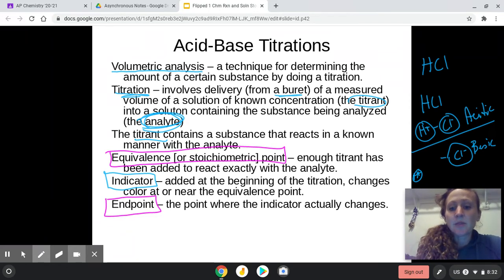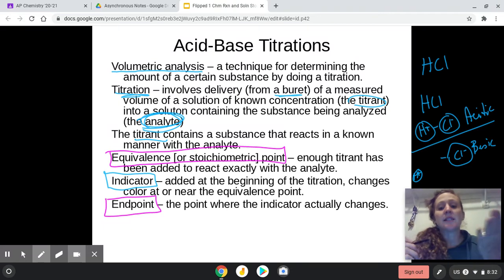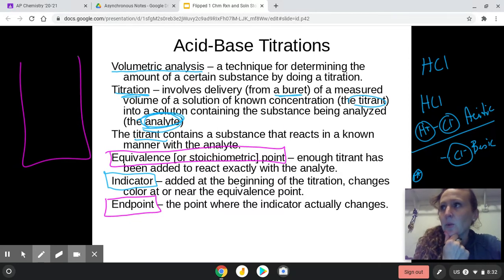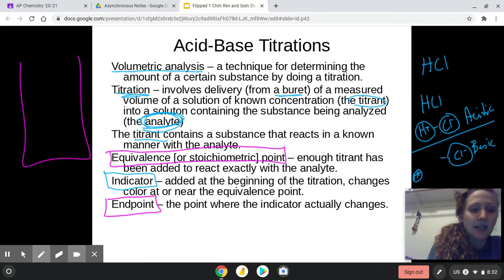So the equivalence point is where enough titrant has been added that you exactly match how much analyte is there. So for example, let's say we're talking about the lab that we did today. So you have acetic acid. I'm just going to put AA for acetic acid.